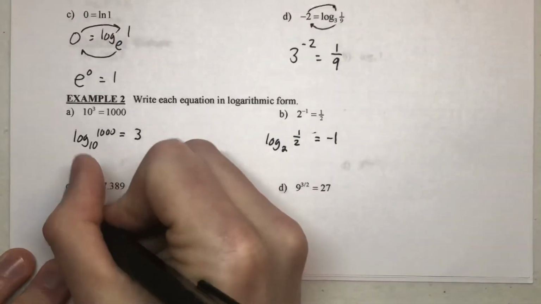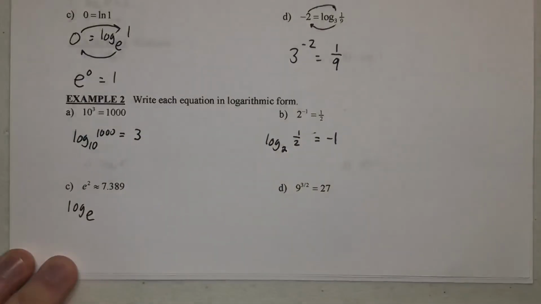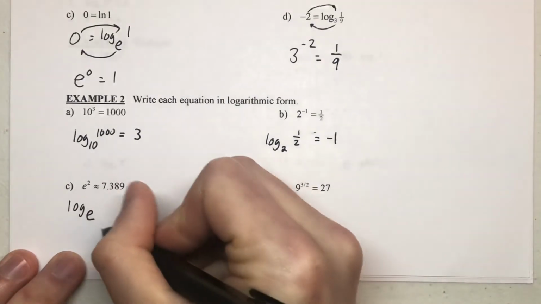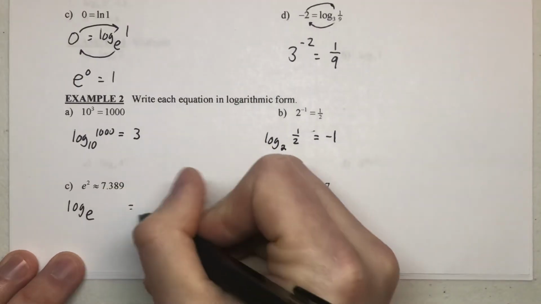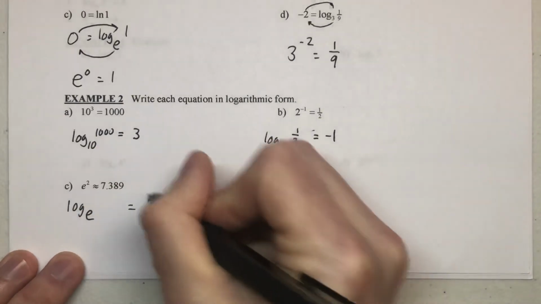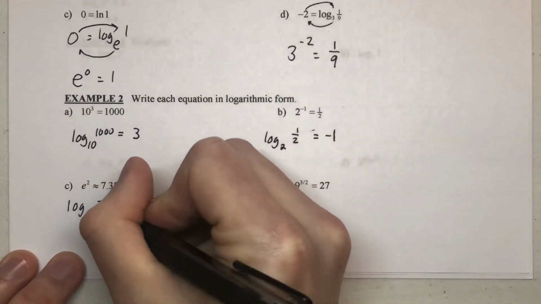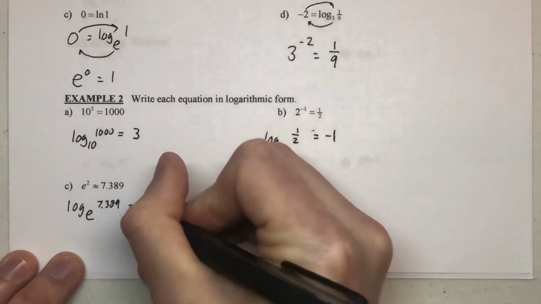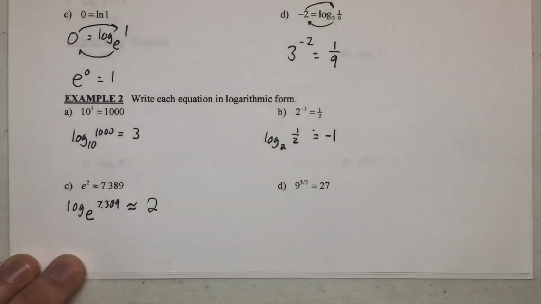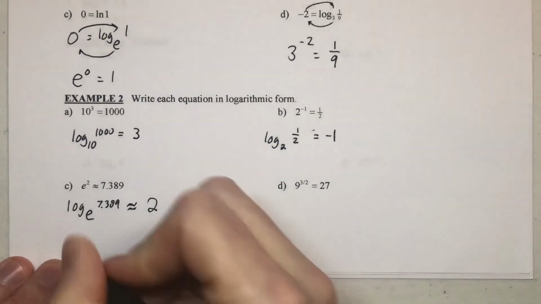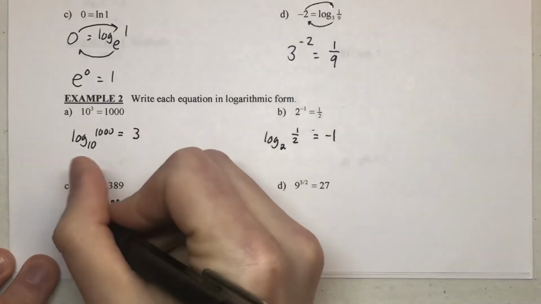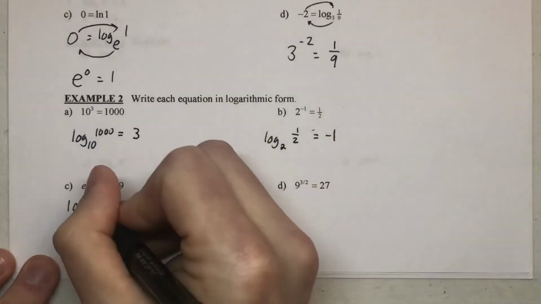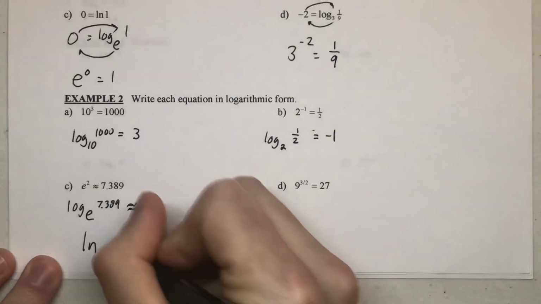Last two. I'll go ahead and start with saying log base e, and then we'll change that here in a second. e, using the cycle, to the 2 equals 7.389. Now I will use an approximation here because we're just throwing a decimal in. And so now I will rewrite log base e as we mentioned above. Log base e will be ln.